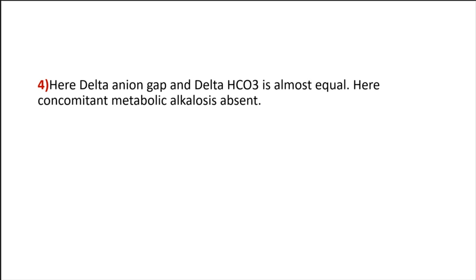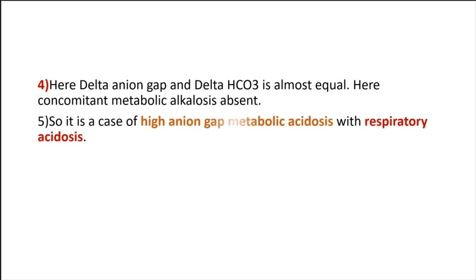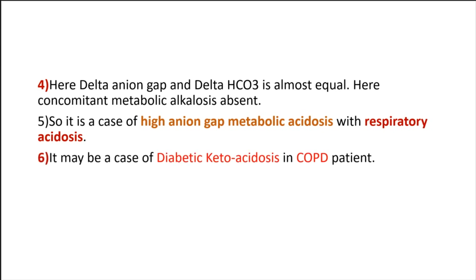Here delta anion gap and delta HCO3 bicarbonate are almost equal. Here concomitant metabolic alkalosis is absent. 5. So it is a case of high anion gap metabolic acidosis with respiratory acidosis. 6. It may be a case of diabetic ketoacidosis in a COPD patient.